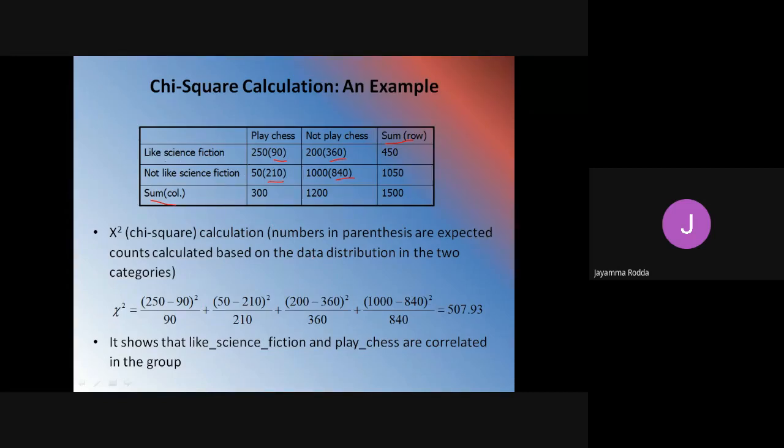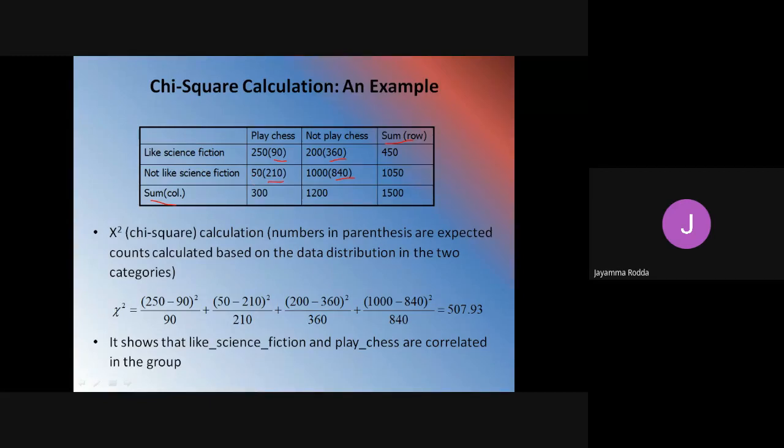The people who like science fiction and play chess are observed to be 250, whereas 90 members are expected to like science fiction and play chess. Those who do not like science fiction and play chess are observed to be 50 members.